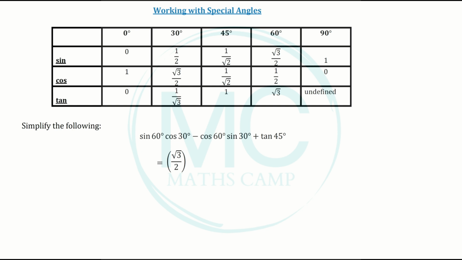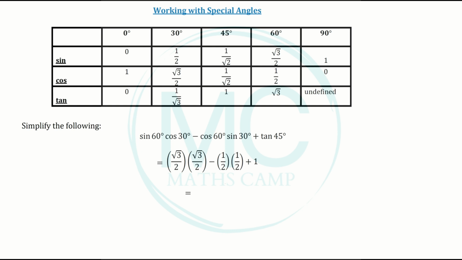Now for cos 30, it's also root 3 over 2. So let's put this into a bracket as well. Now we're going to minus the value of cos 60, 1 over 2. Let's put this into a bracket. And we multiply this by sine 30, which is also 1 over 2. Put this in a bracket as well. Finally, we're going to add tan 45 degrees, which is simply 1.